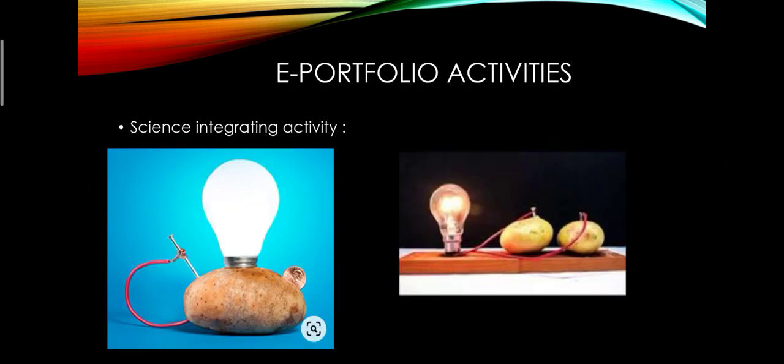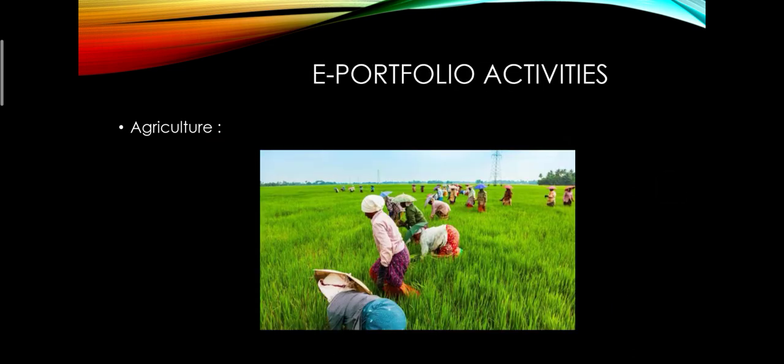Next, science integrating activity. This is by using a bulb, needle, and electric wire. We make this science integrating activity. This is called the electric potato bulb. Next e-portfolio activity, that is agriculture. These are some of the e-portfolio activities which I selected related to this content.